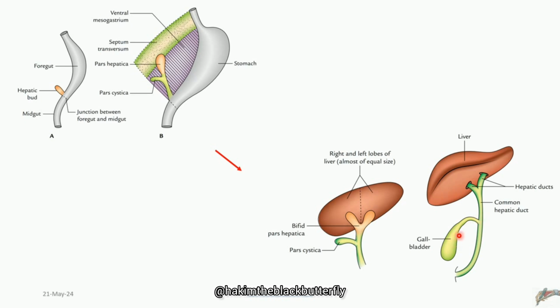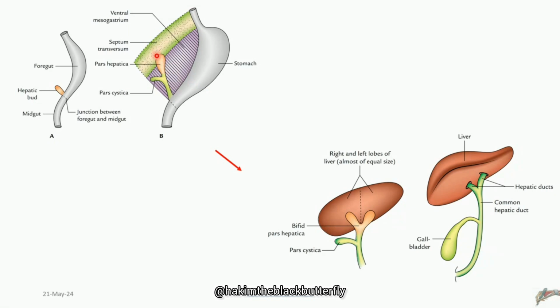So once again, your hepatic bud is going to arise from the distal part of the foregut, and it's going to divide into the pars cystica that will give rise to the gallbladder and the cystic duct, but also it divides into the pars hepatica, the portion that will grow towards the septum transversum, and this pars hepatica is going to give rise to the intrahepatic biliary ducts that are going to fill the developing liver.